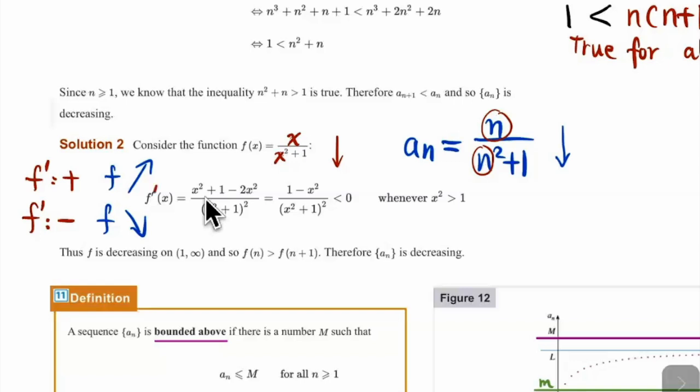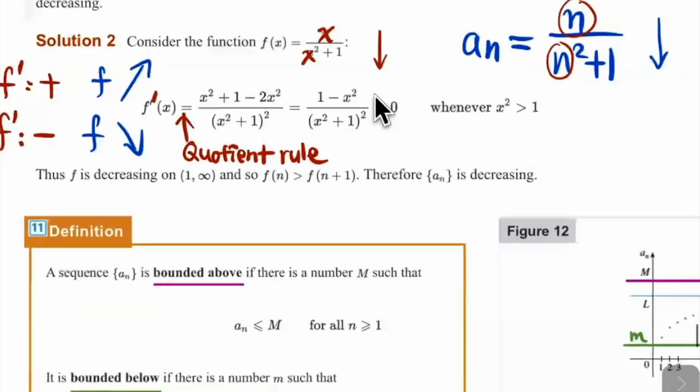Take the derivative. What kind of rule do you use to take the derivative? Quotient rule, right? So use the quotient rule, we take the derivative, and I say that this is negative whenever x squared is greater than 1. Why? What about the denominator? It is a square, right?